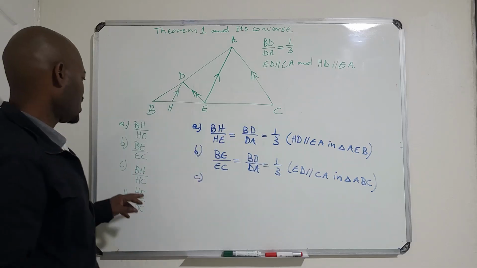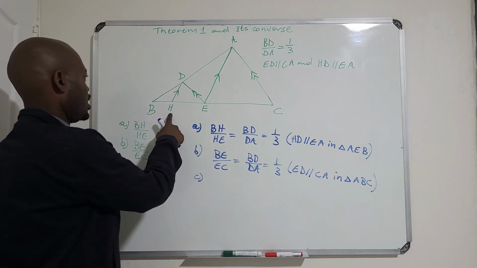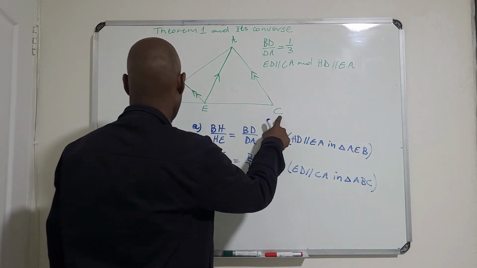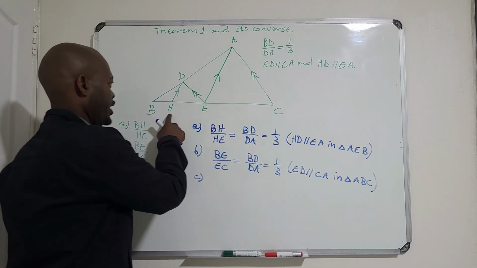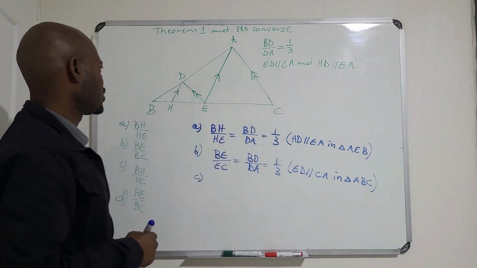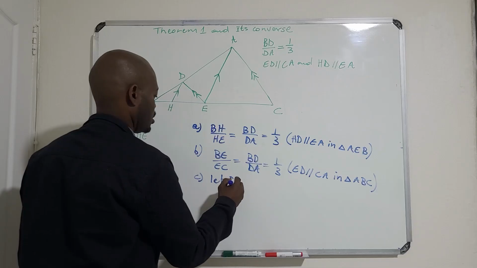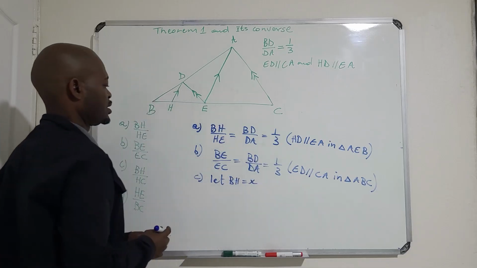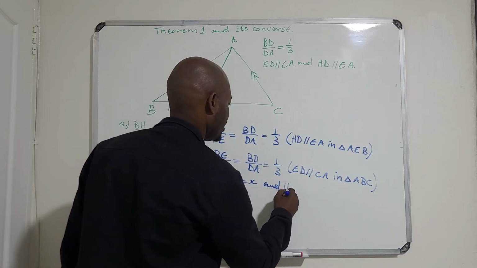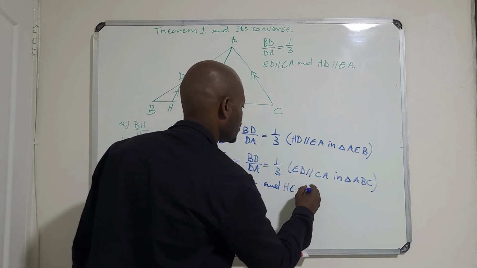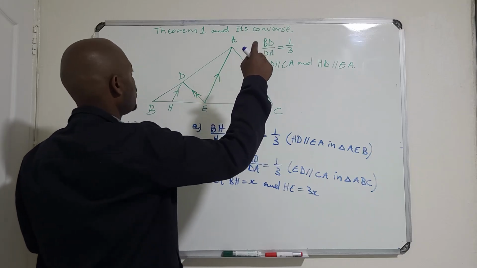Then they say we must find BH over HC. For us to do that, we're going to let BH be equal to X, and HE be equal to 3X. Why is that?